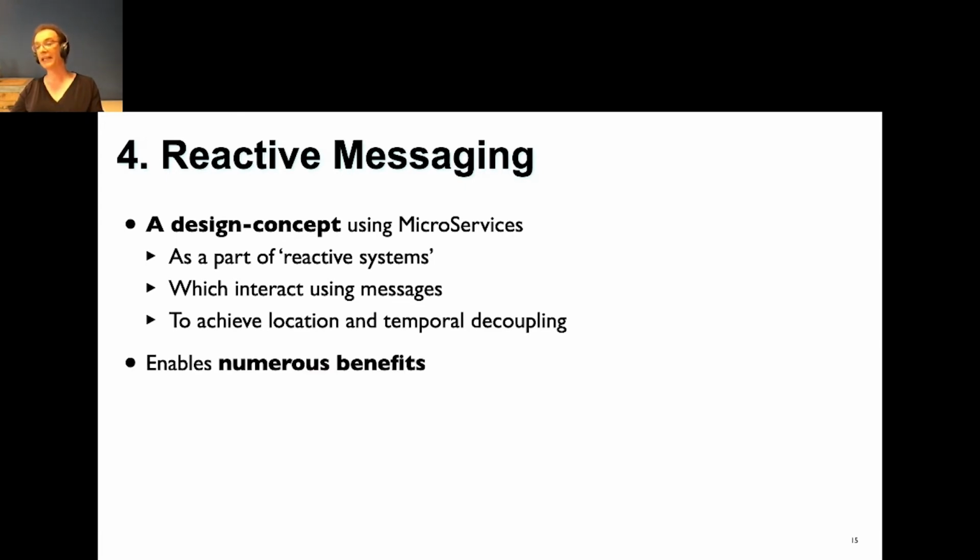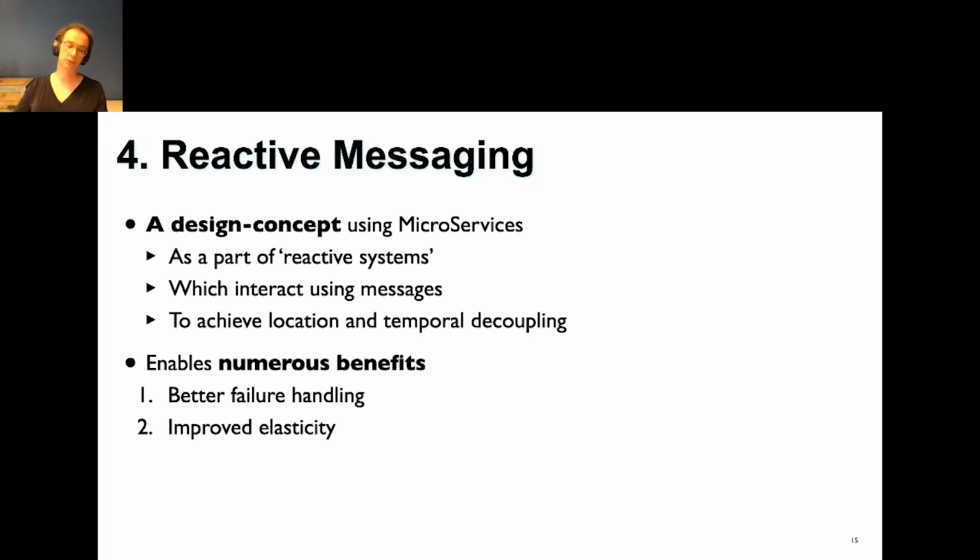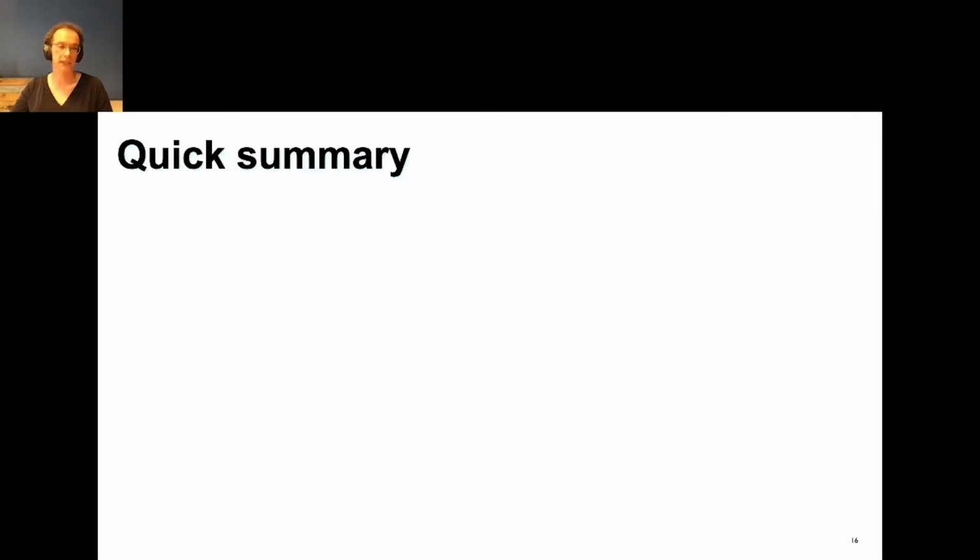And that again enables numerous benefits, such as firstly, better failure handling. And secondly, improved elasticity because we can scale out the microservices as much as we like. And thirdly, this allows us to introduce new features more easily, which is cool because we want to keep developing software, of course. At least I do.